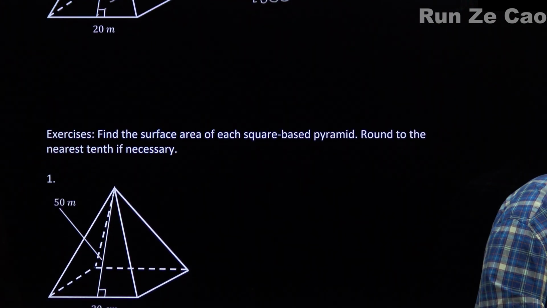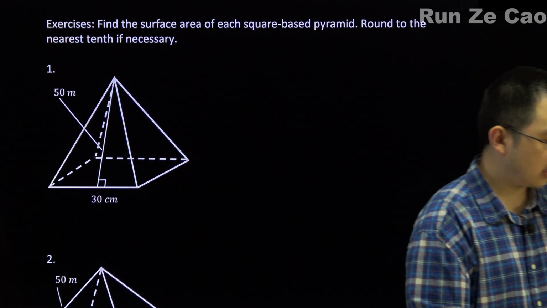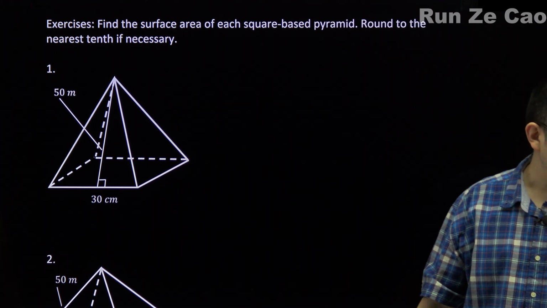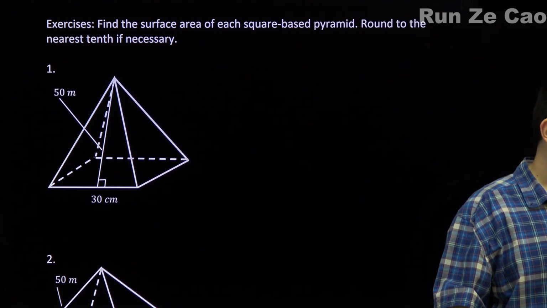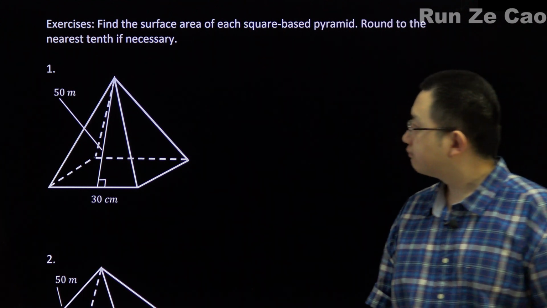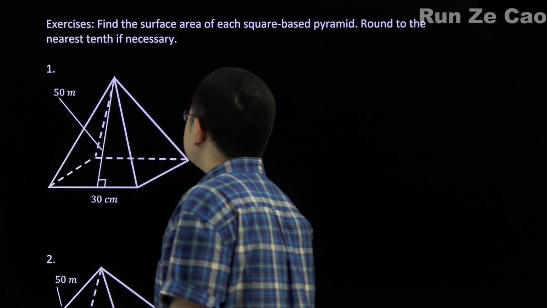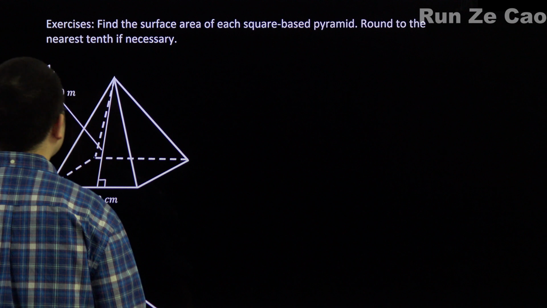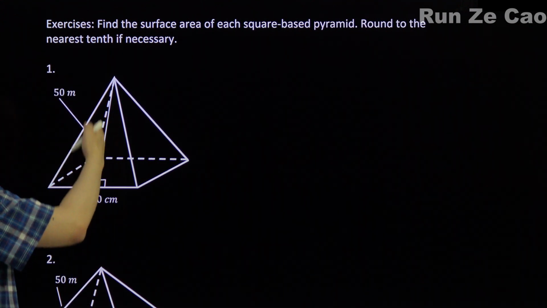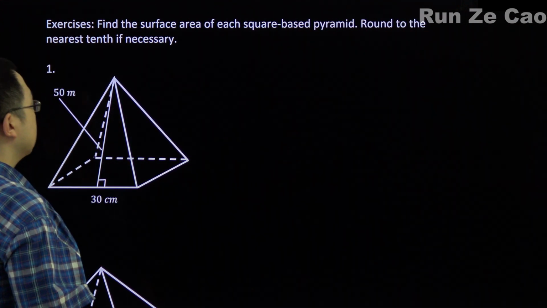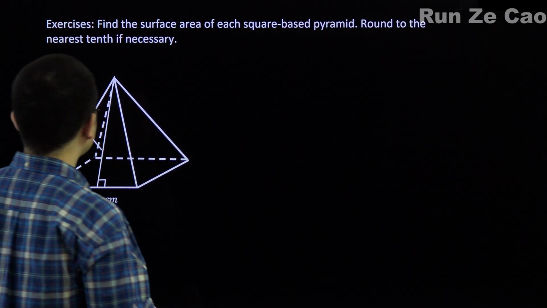Okay then. Exercises. Find the surface area of each square-based pyramid. Round to the nearest tenth if necessary. Well, here we have the slant height already. These are all square-based pyramids. Okay, good.